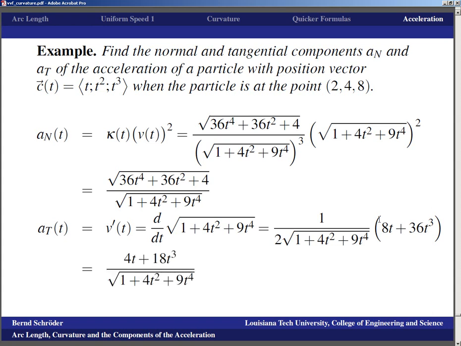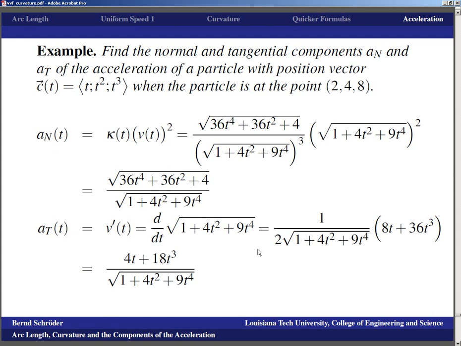And so that simplifies just a little bit, because the 2 cancels with the 8 and the 36 here. 8 over 2 is 4, so we get 4t. 36 over 2 is 18, so we get 18t to the third, and the square root stays in the denominator. And so that is the normal component and the tangential component of the acceleration at time t.